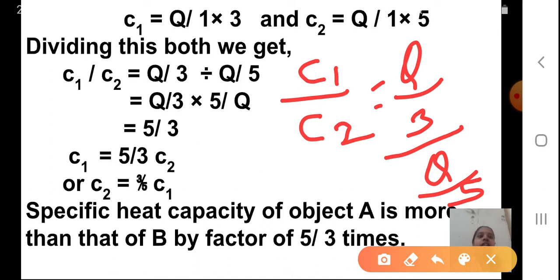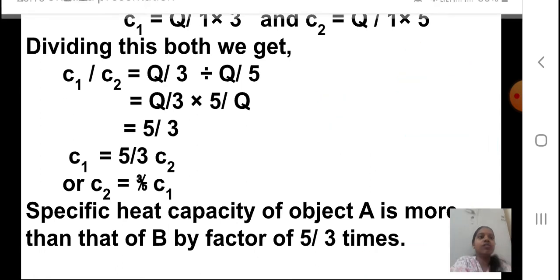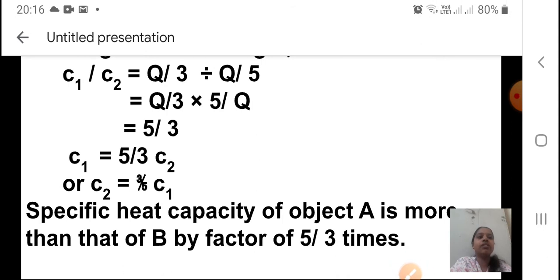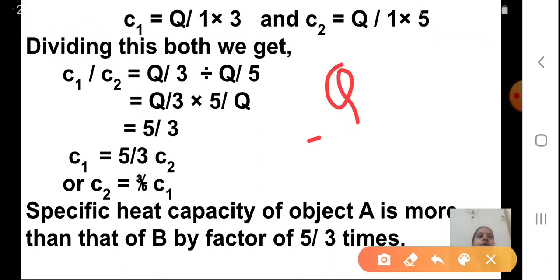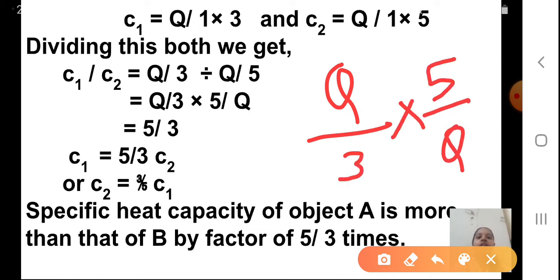Dividing by Q upon 5, the 5 will go up and Q will go down. It will become Q upon 3 multiplied by 5 upon Q. The Q and Q get cancelled and what remains is 5 upon 3. Did you get that?